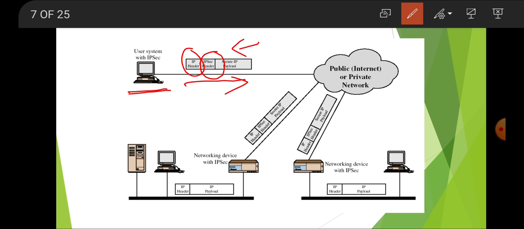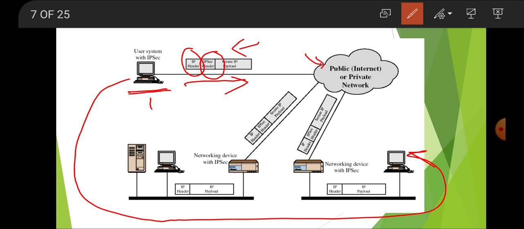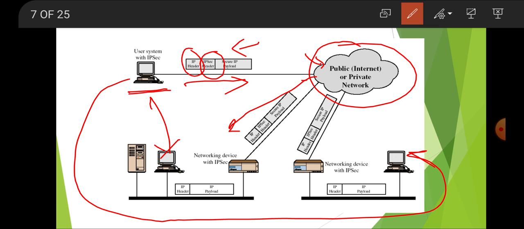Now this comes over the public or private network. Public, that is the internet, or we can say the LAN. From there it can be distributed to different locations over networking devices like routers and switches, and from there it will reach the particular person. I want to send the data from here to there. Here we are in the public network or internet, and it is sent over the routers.